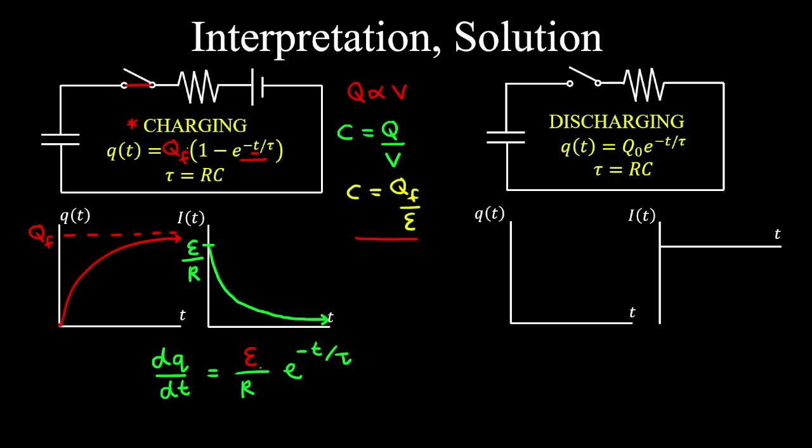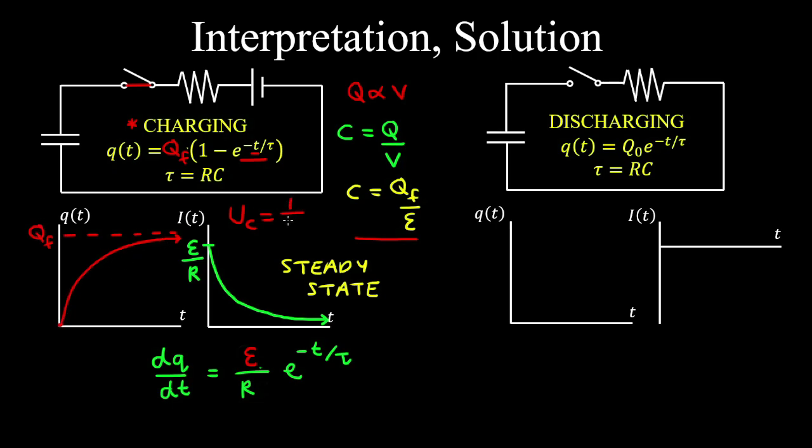So therefore the charge in the capacitor, the potential difference across the capacitor, and the current in the circuit vary in the following manner with respect to time, and they asymptotically approach steady state conditions. And also the electric potential energy stored in the capacitor is also going to asymptotically reach steady state conditions.